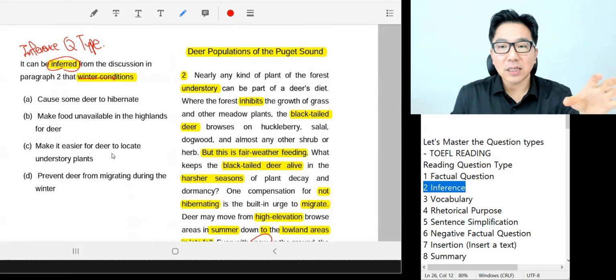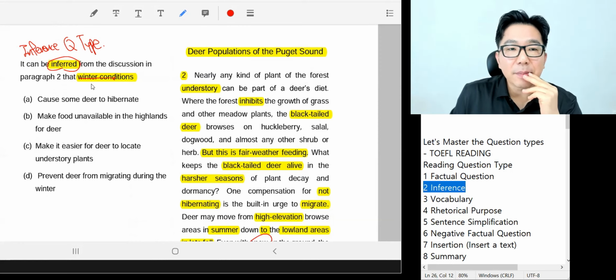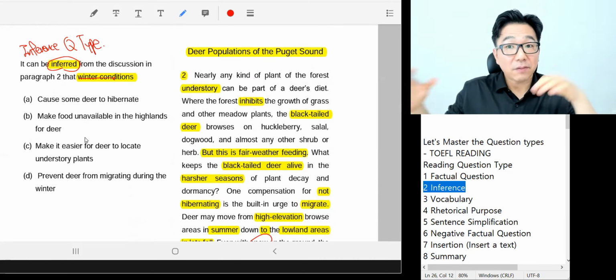But since this is a fundamental lesson covering this question type once and for all, let's think about it this way. Because it's an inference question, before looking at the answer choices, if you want to study properly, we could think about what could be the answer without looking at the answer choices very quickly, because it's objective inference.